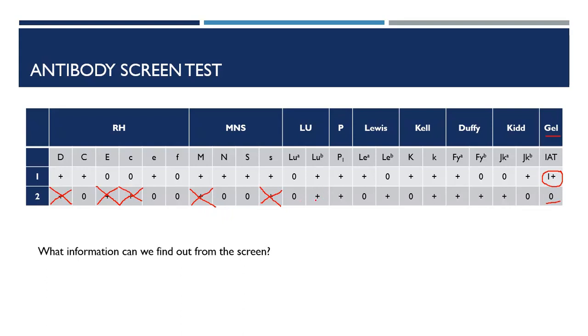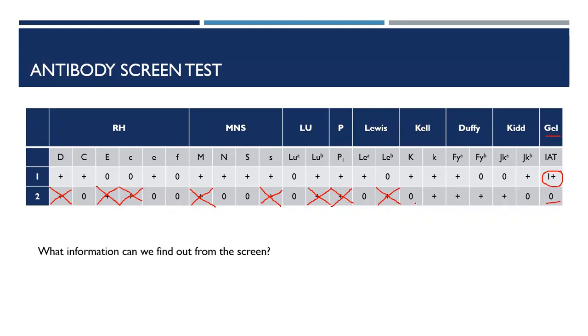Lutheran A and Lutheran B are antithetical partners, so because this screen cell is negative, I can rule that out. P1 doesn't have a partner, so like D, if it's present on a non-reactive cell, I can rule it out. Lewis A and Lewis B are not antithetical partners, but Lewis B is present on this non-reactive cell, so I can rule it out.